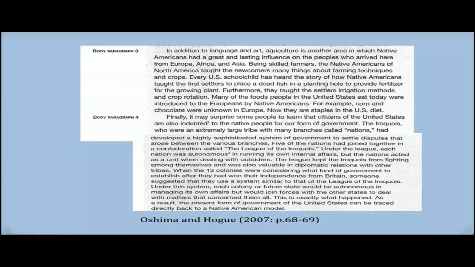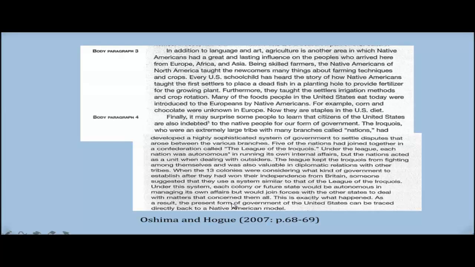The last body paragraph: finally, so you can use the word finally. It may surprise some people to learn that citizens of the U.S. are also indebted to the native peoples for our form of government. So this paragraph will talk about the influence of the Native American peoples on U.S. culture, right?